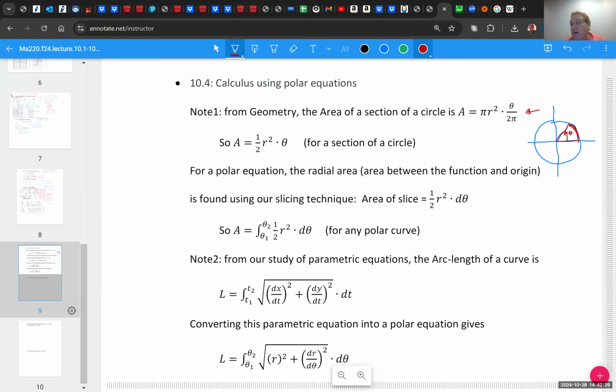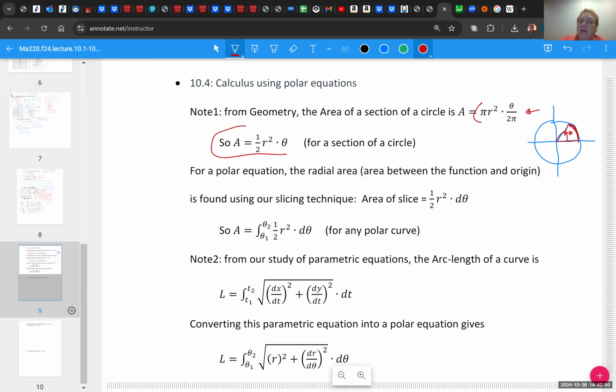So it's pi r squared times that fraction, times that portion. In other words, we have the formula that the area of a segment of a circle is just pi r squared times theta. How did I get that? Well, you have 1/2. I said it wrong. The area of a section of a circle is 1/2 r squared times theta. How did we get that?